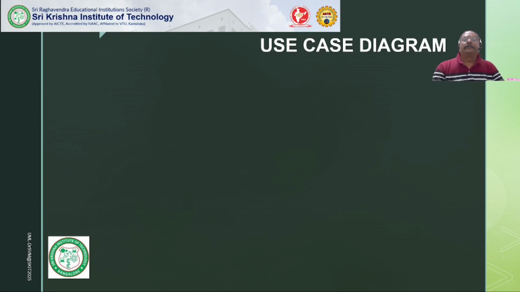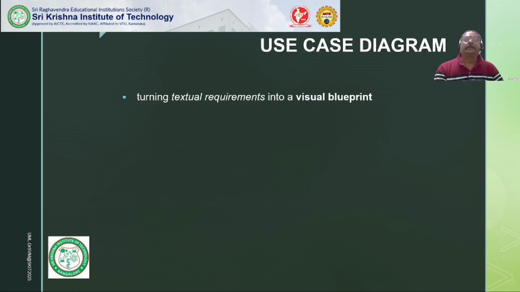Okay, let's start our journey with the use case diagram. So we just had a brief idea about what the whole design process is all about. So let's start our journey with the use case diagram. We can say that it is turning textual requirements into a visual blueprint.